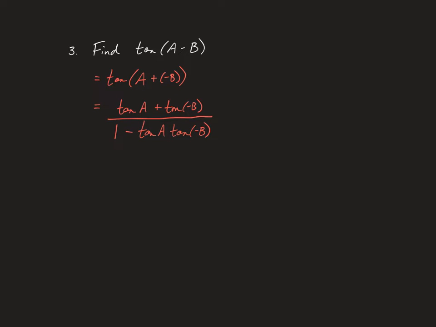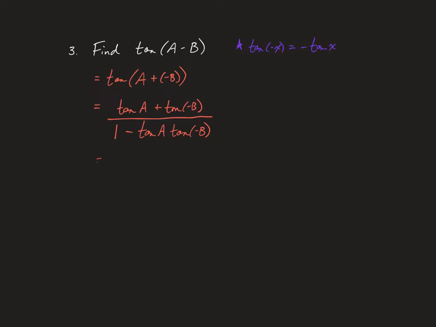And just like previously, the original statement did not have negative angles in it, so now I need to remove my negative angles. So I'm going to apply my tan negative angle identity. I know that the tan of any negative angle is equal to the negative tan of the positive.